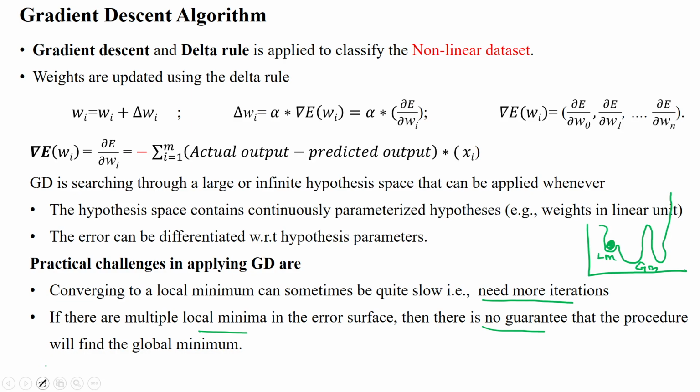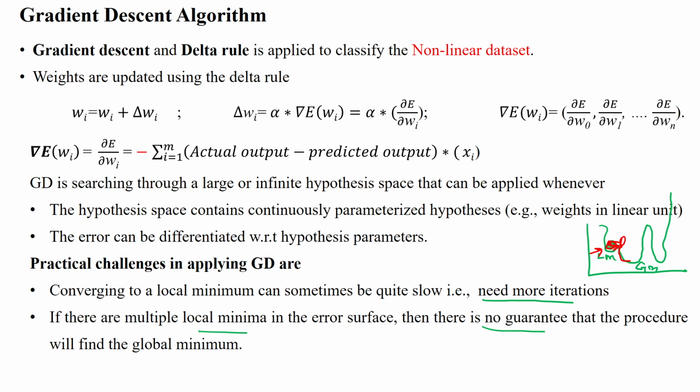As we discussed in this plot, if a local minimum is there, sometimes gradient descent will stop the algorithm because it thinks there is no other global minimum point in the search space. It will stop once it reaches the local minimum. This is one of the challenges in the gradient descent rule.